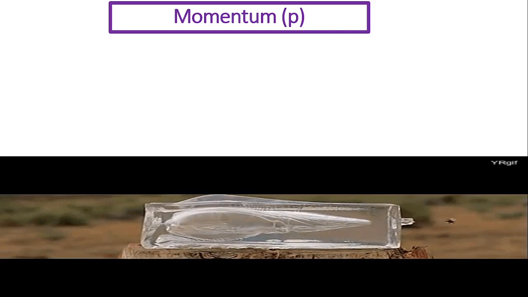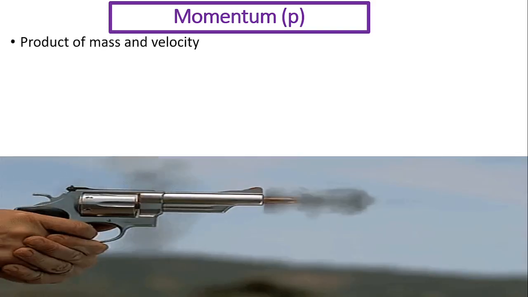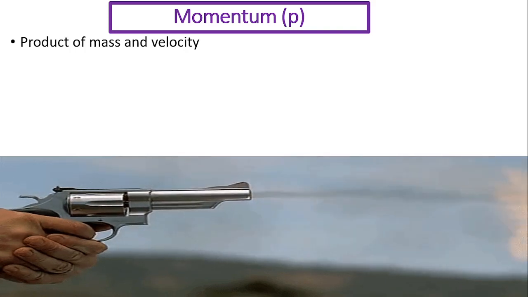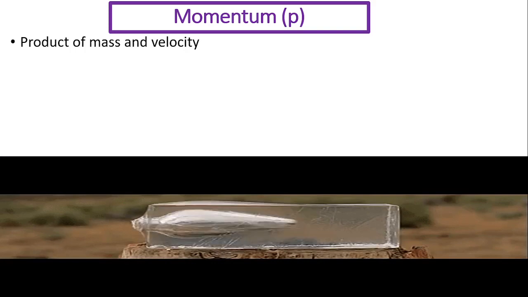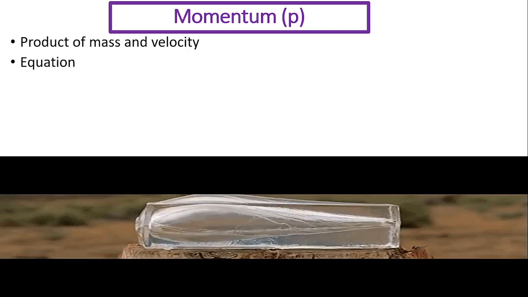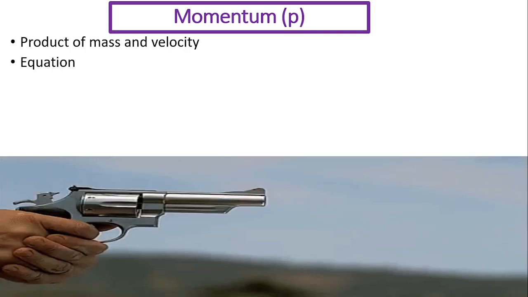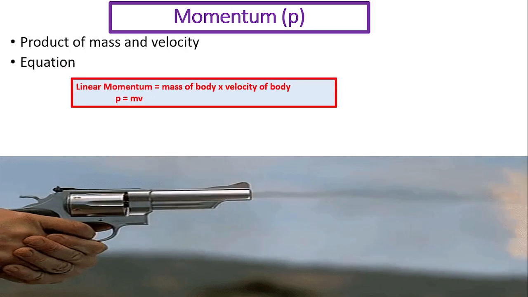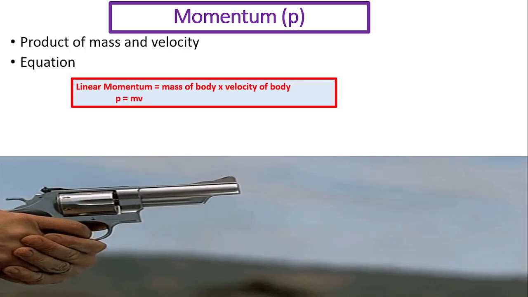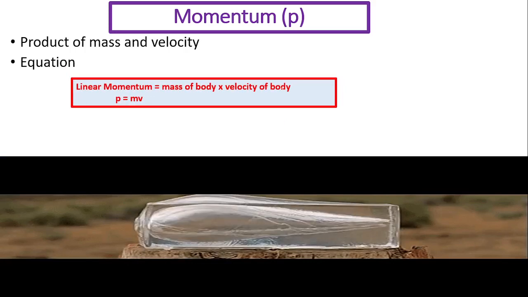So when you talk of momentum, momentum is just the product of mass and velocity. So from that definition, we can come up with an equation: linear momentum is simply equal to the mass of the body times the velocity of the body.